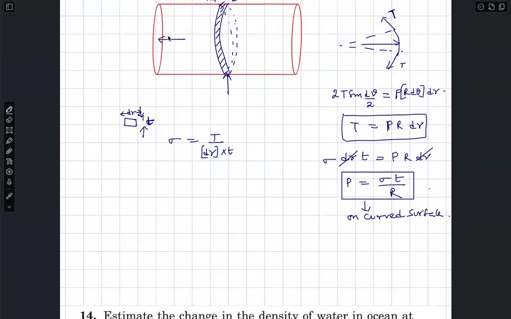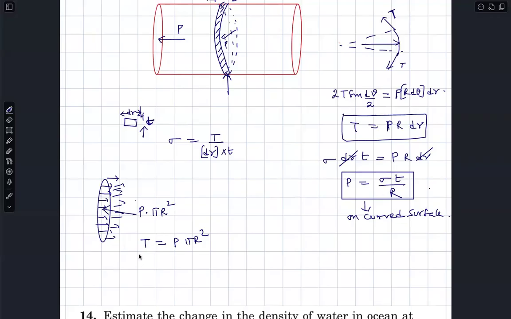Similarly, you will face pressure here also, no? Like the way you experience pressure here, you will experience a pressure here also. So this portion will experience a pressure force P into pi r square. Whereas on the sides, there will be some restoring tension, and that is P into pi r square.